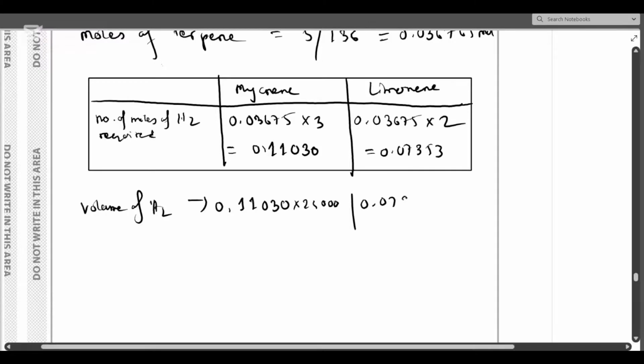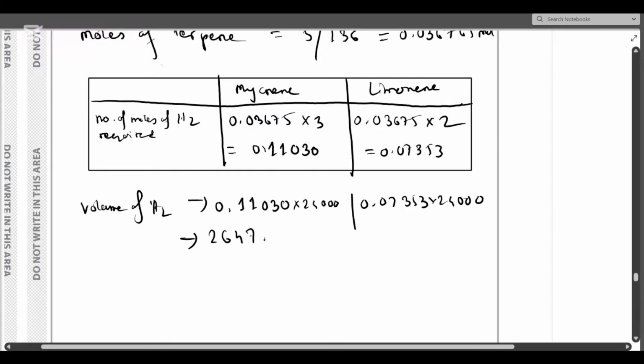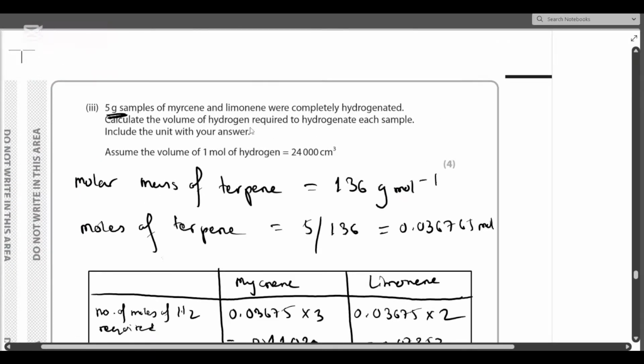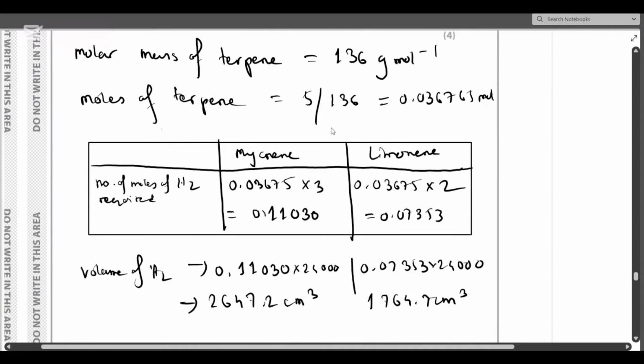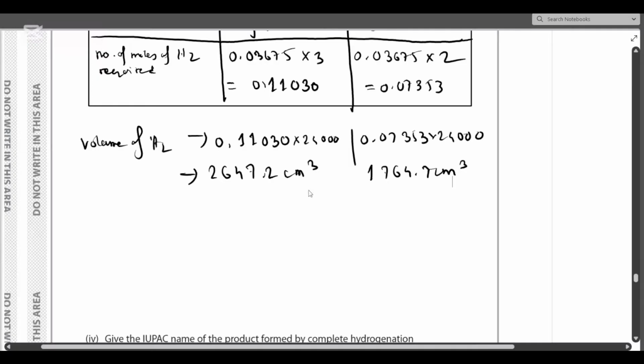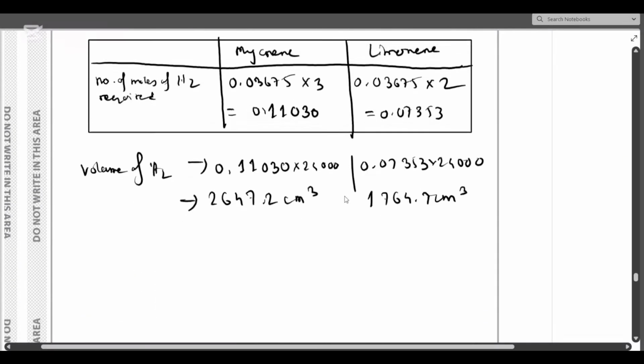If you plug it in the calculator, you get 2647.2 cm cube, and for the other you have 1764.7 cm cube. So this is the volume of hydrogen required to hydrogenate each sample. For myrcene, it's this much, and for limonene, it's this much.